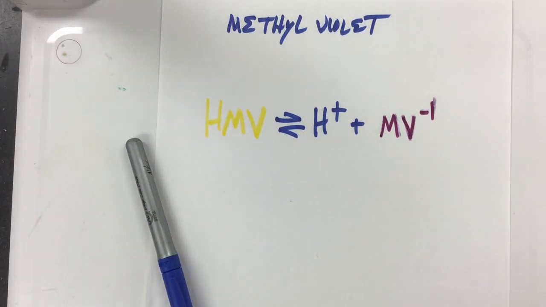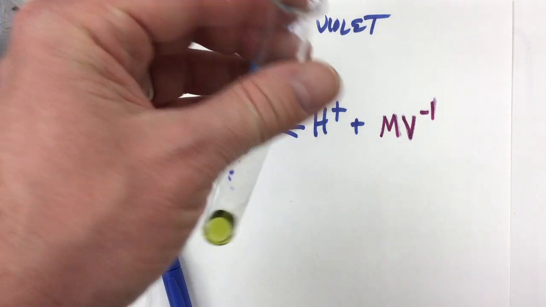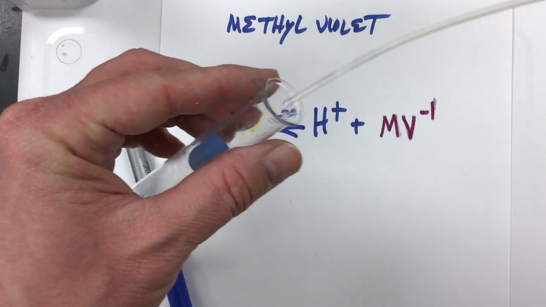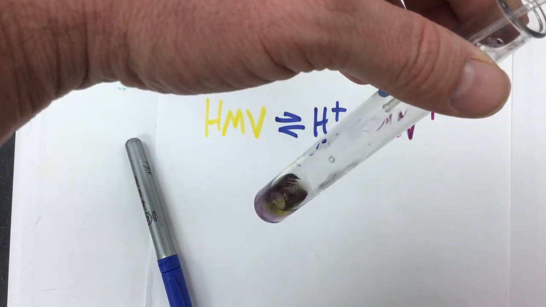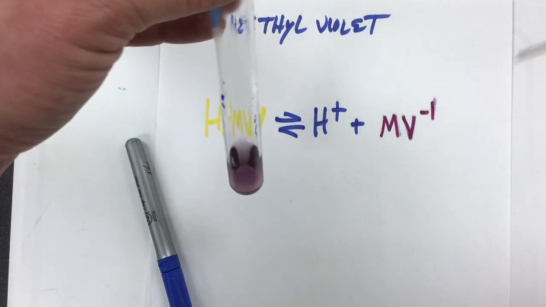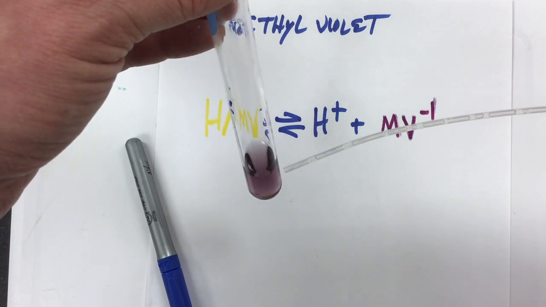What I'm going to do now is add in some hydroxide, which I have right here. When I add in hydroxide to this, we can see that it's going to go from the yellow color here, and it's going to go back to the purple side of things because I have now added in the hydroxide.